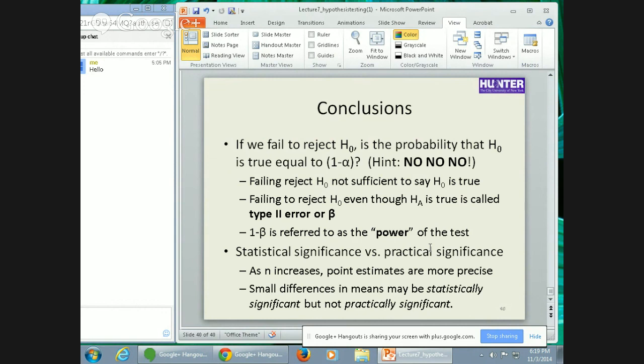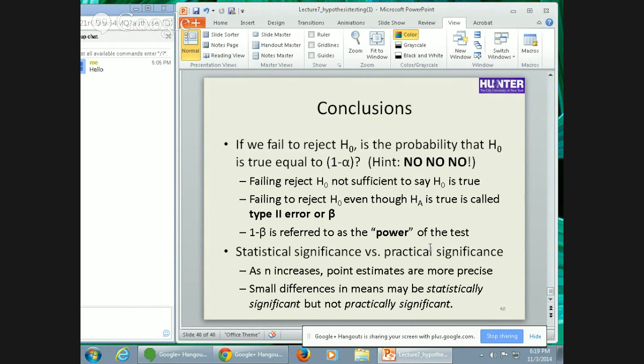so we have a type 1 error rate set at 0.05, meaning that there's only a 5% probability that if the null hypothesis is true, we're going to reject it. That's what type 1 error is.